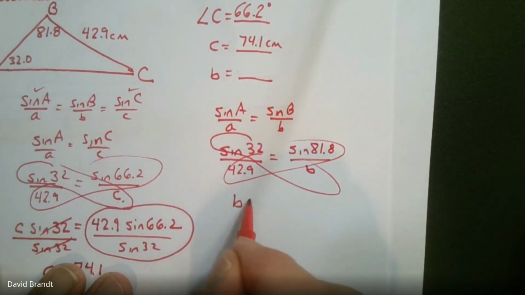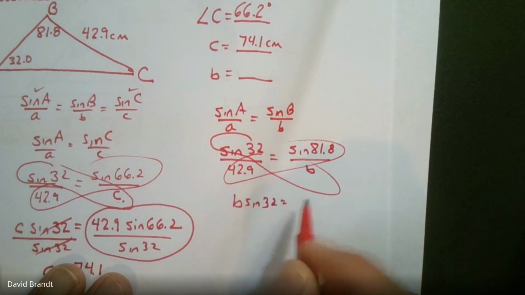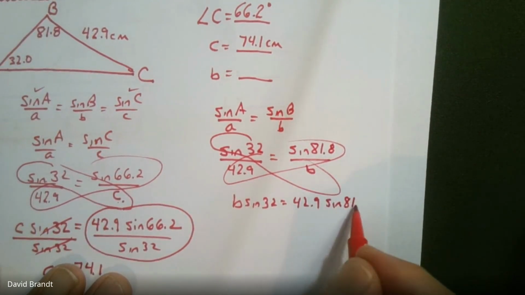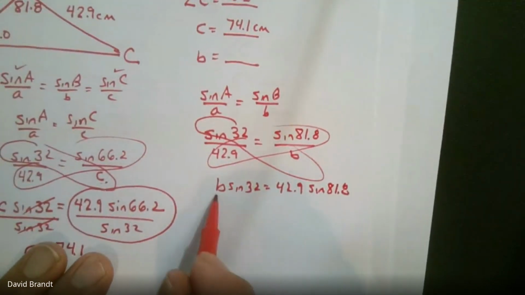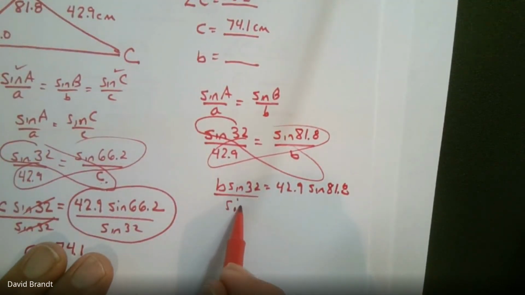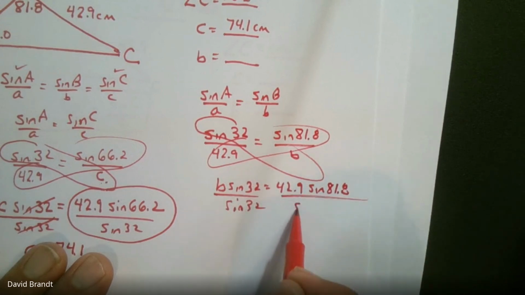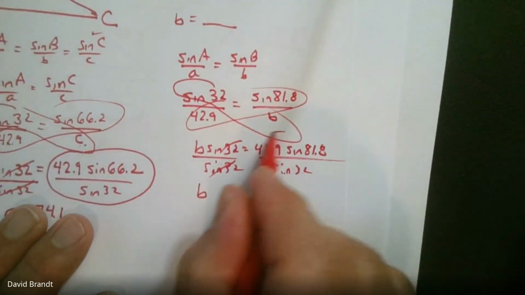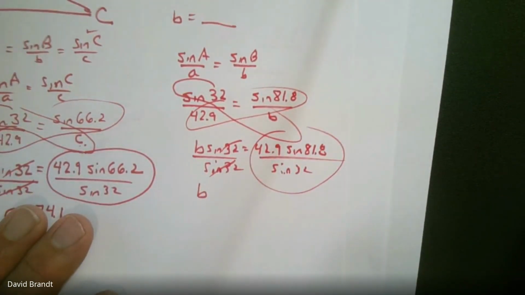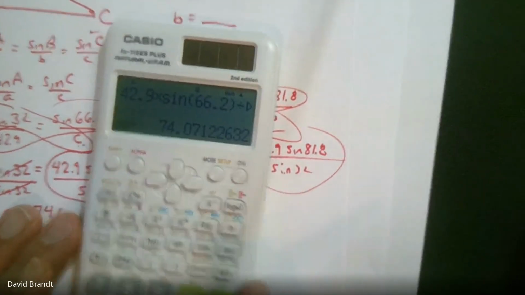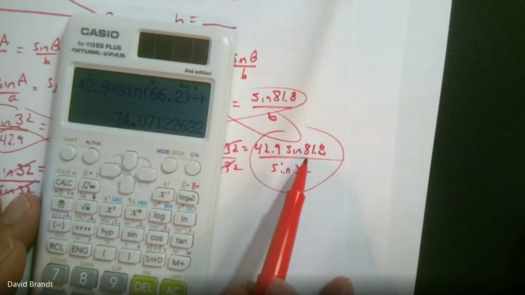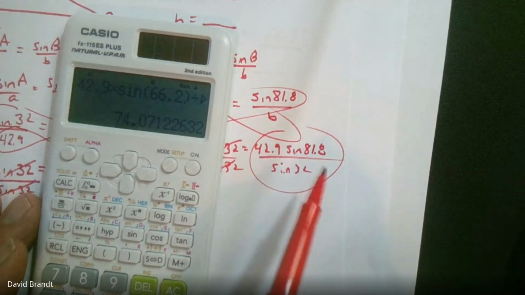B sine 32 equals 42.9 sine of 81.8. Now divide both sides by sine of 32. That will leave the B by itself. Cancel those out. Type this into your calculator. If you use Desmos, you could just backtrack and change what needs to be changed.